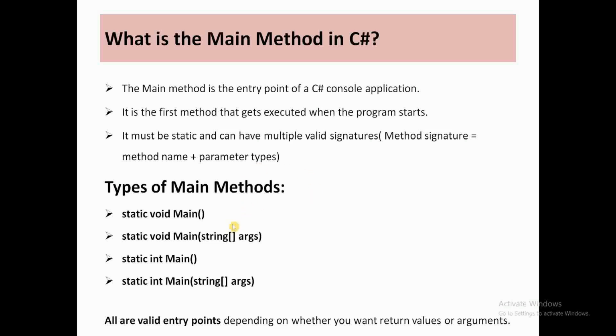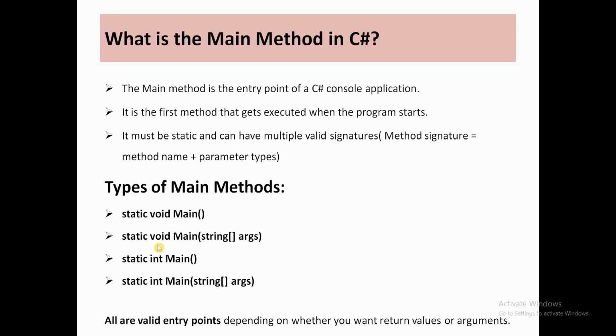Here are some main methods. The first one is static void Main. Here we are returning nothing, so we use void, and we are using the main method without any parameters. Next is static void Main with parameters.